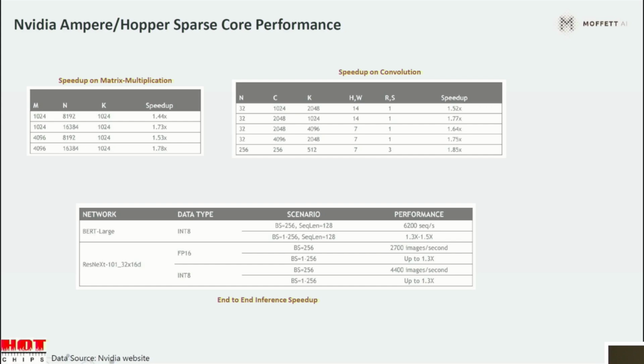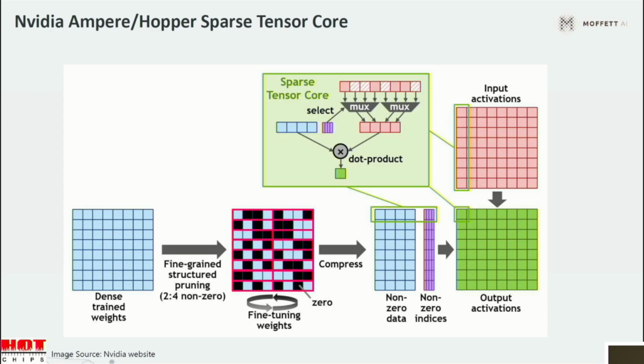As we can see here, it just limited the size of the block to 4. So if we have a dense matrix and a fine-grained structured sparsity, basically inside each small group you enforce 2 non-zeros and 2 zeros, and then you compress this sparse format to a non-zero data array and a non-zero index array.